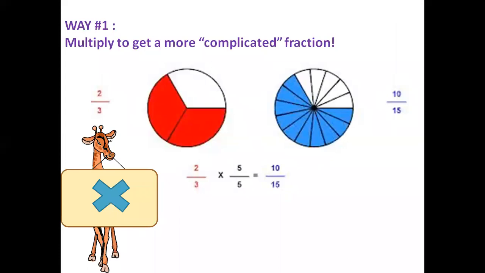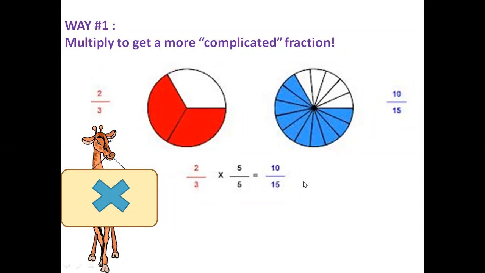Okay, we will discuss the two ways. Let's start with way number one. Here, when we multiply, we get more complicated fractions. Why, teacher, more complicated? Because the numbers are getting larger. Here, for example, 2 out of 3. If we choose to multiply both numbers, the up and down, by 5, 2 times 5 is 10. 3 times 5 is 15.